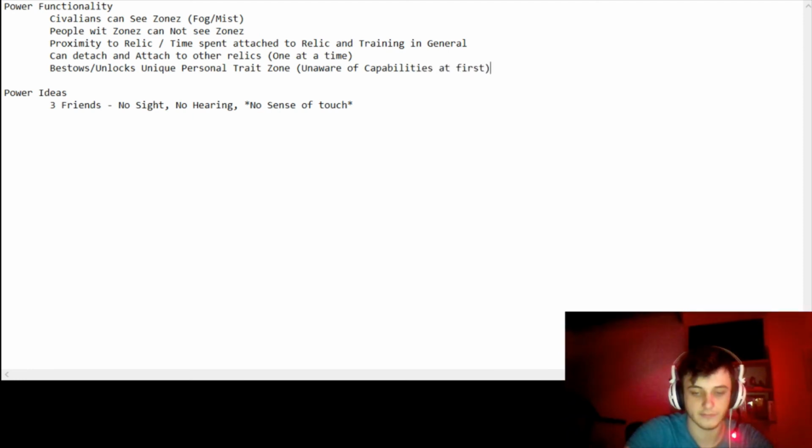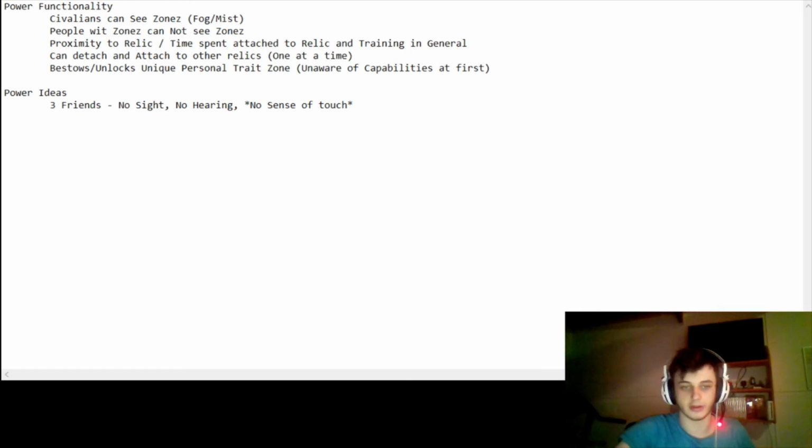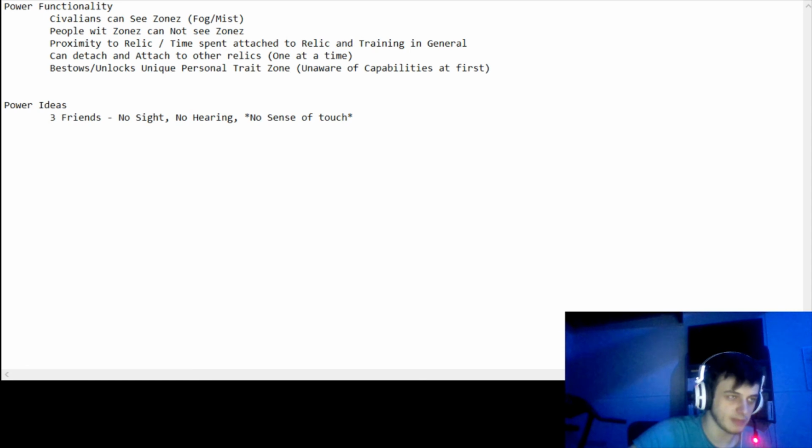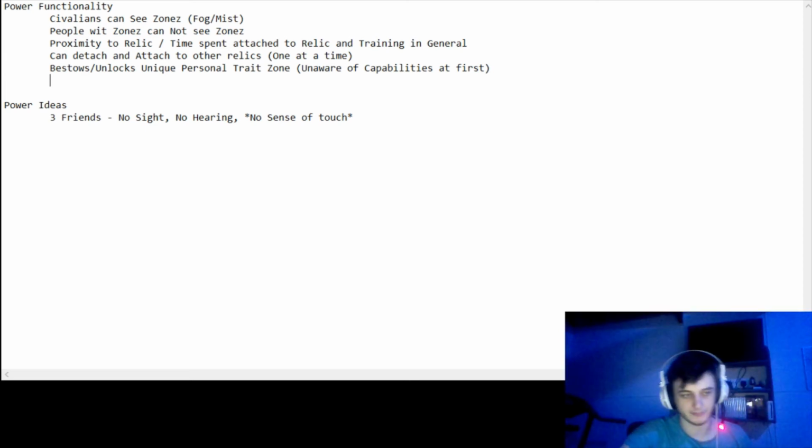I like the idea of people having abilities that they don't quite know what it does. Yeah, no two people can have the same thing. If you attach to a different relic, your ability won't change. You can't just cycle through a bunch of powers. It's not how things work.